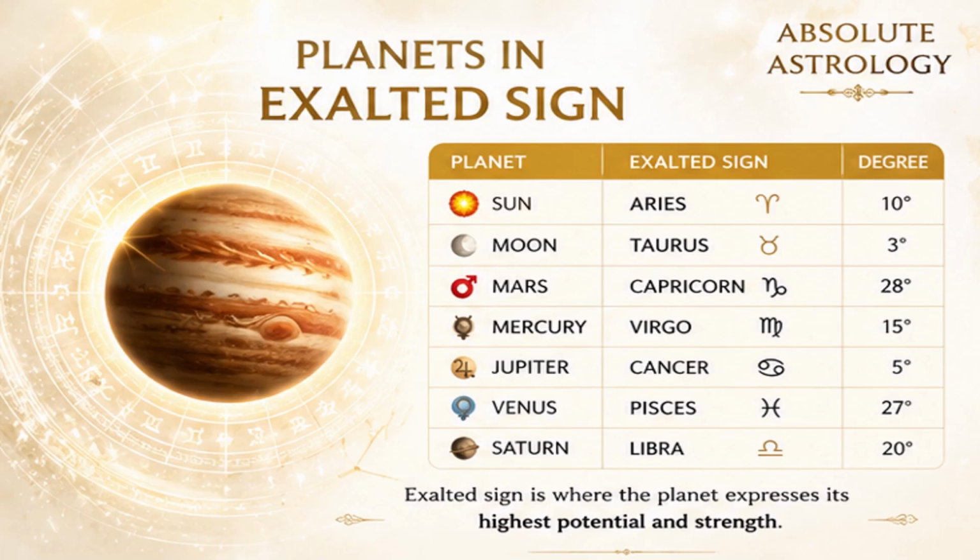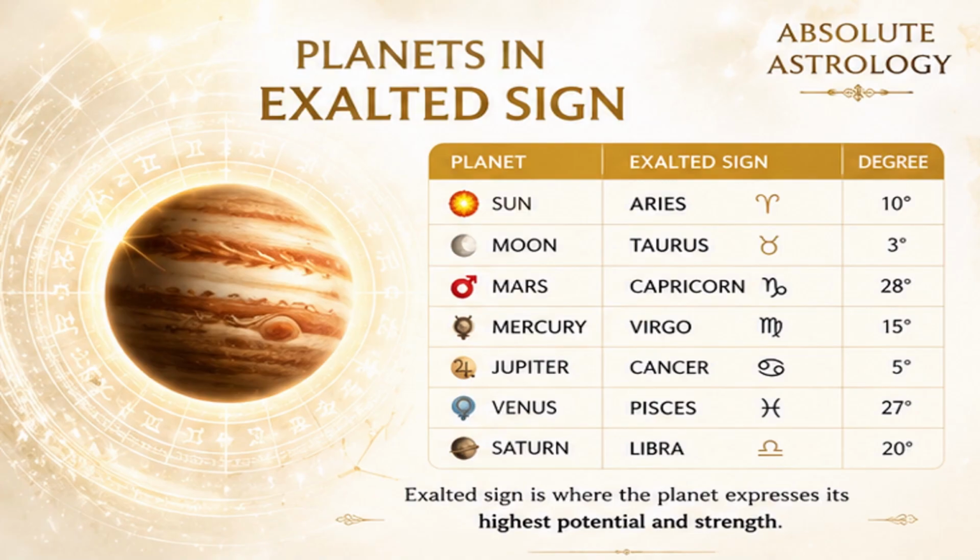Apart from that, there are two more conditions which we need to check. Any planet which is debilitated, we need to check one more chart. The D1 chart is our birth chart, but there is one more chart known as the D9 chart, or the Navamsa chart.